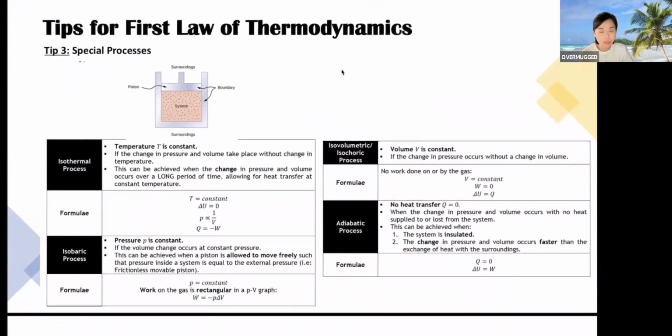Now the third tip, special processes. So in every thermodynamic question, there will always be a PV diagram, okay, that relates your pressure together with your volume to allow you to calculate your Q as well as your W. Okay, why?